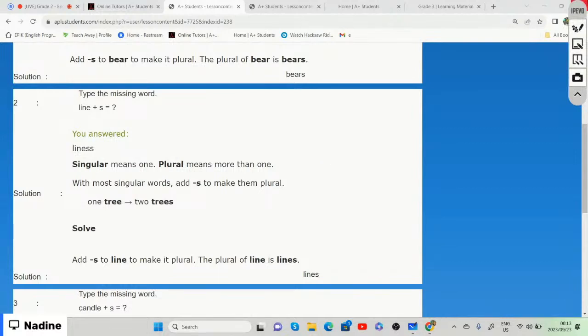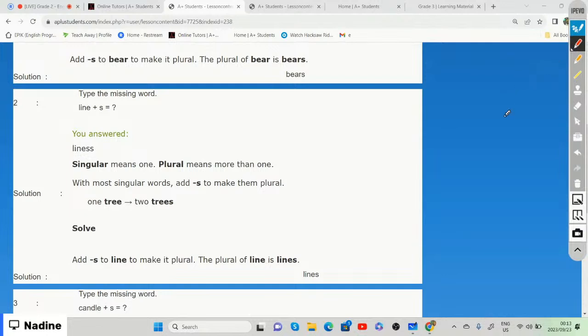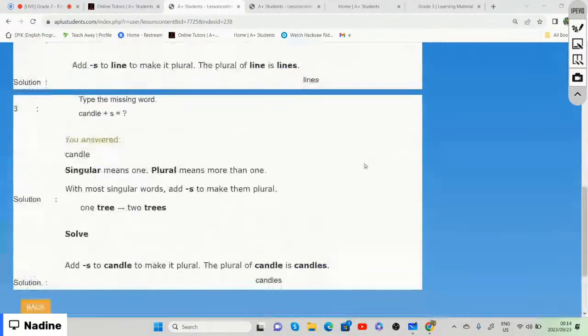But as soon as we add an s, to show that there is more than one, then we can say lines. Because now it shows that there is more than one line. Here are maybe 5 lines, 10 lines, 3 lines. So now the plural of line is lines.